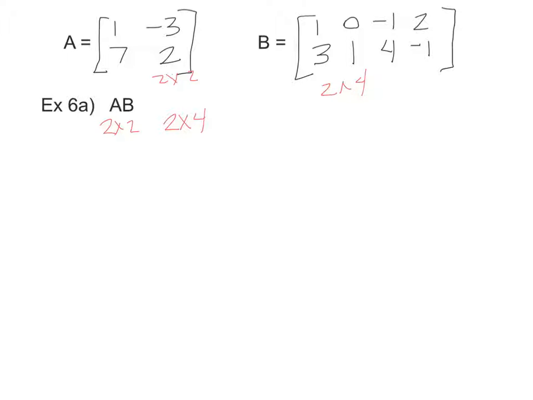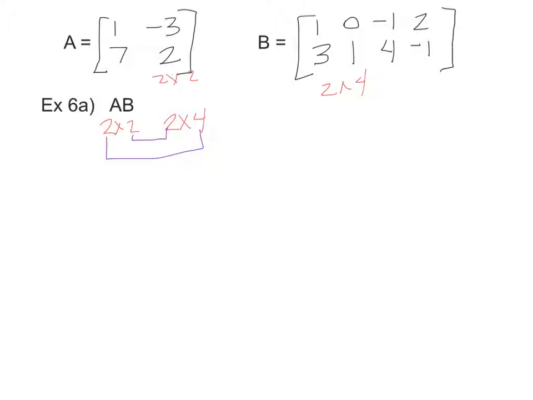What was that criteria for them to even be possible? Yeah, the insides have to match. So do those 2's match? Yay, success. Then you look at your two outside terms, your 2 and your 4. All right, that's your new dimension, right?